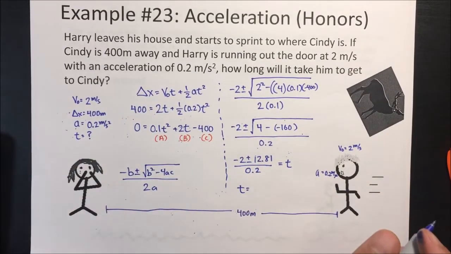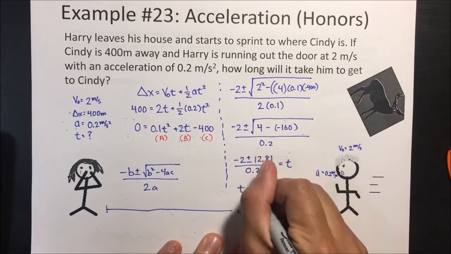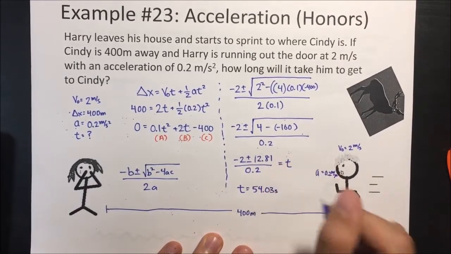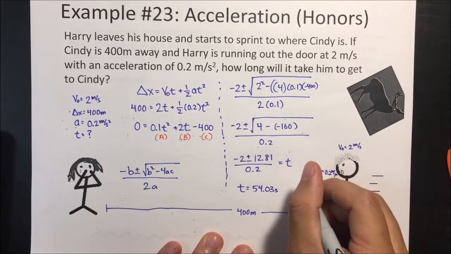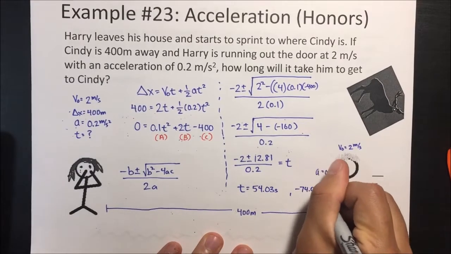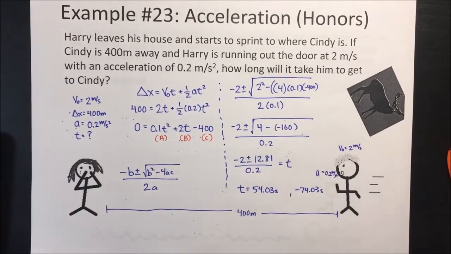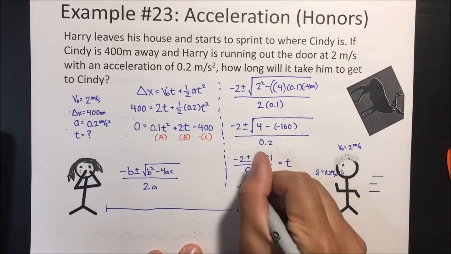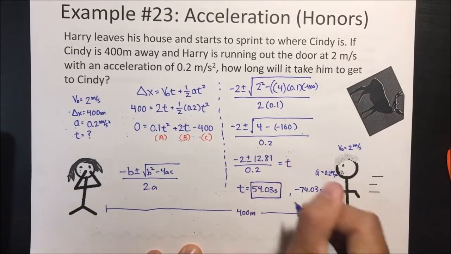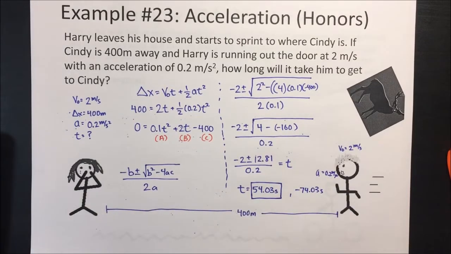We get time is equal to 54.03 seconds, and we also get negative 74.03 seconds. What we should know is time should always be a positive number. So 54.03 seconds is going to be our correct answer.